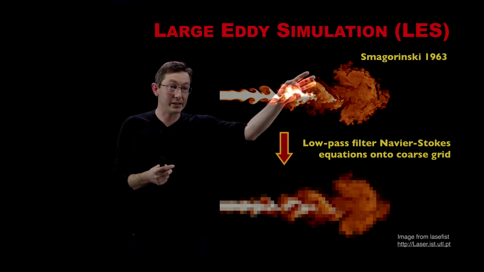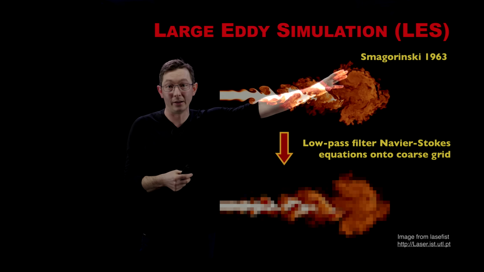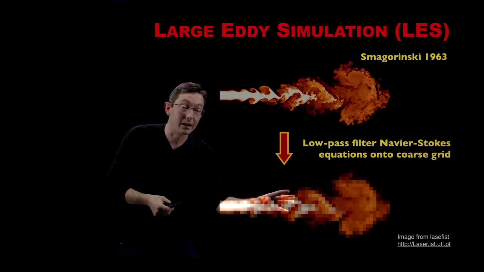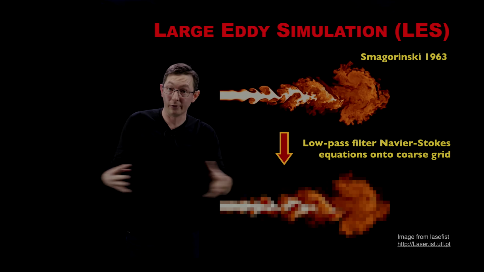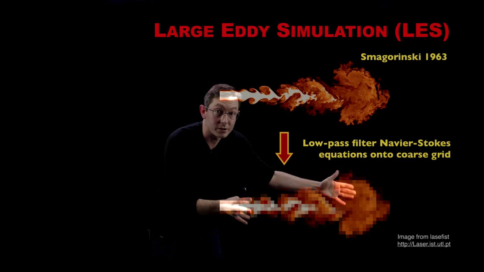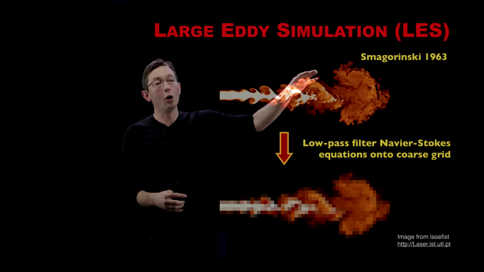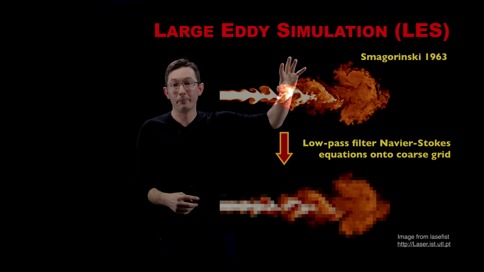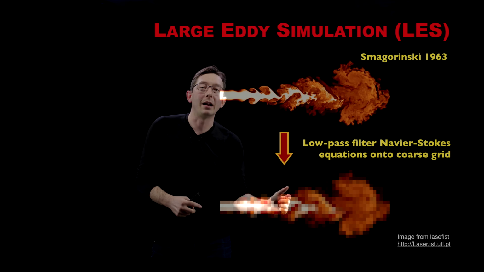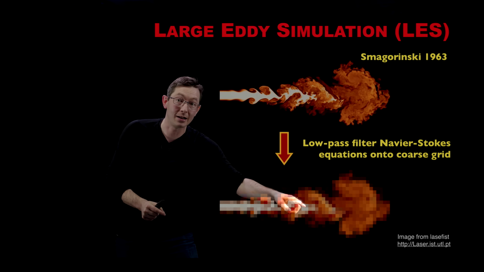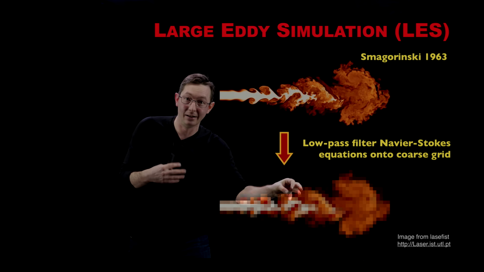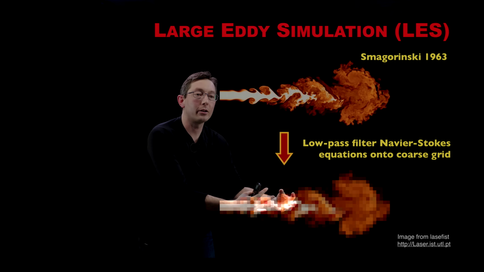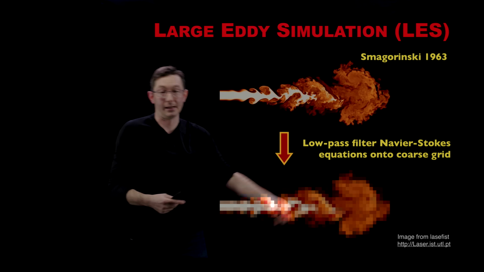So instead of all of this resolution, which would be very expensive to simulate, we're going to simulate these unsteady time-evolving Navier Stokes equations on this coarser grid by low-pass filtering the equations, and then trying to understand what happens in these very, very small scales, smaller than these boxes, what's happening inside these coarse boxes. We're going to model how those affect the physics.